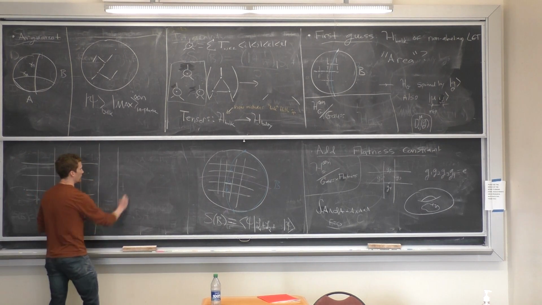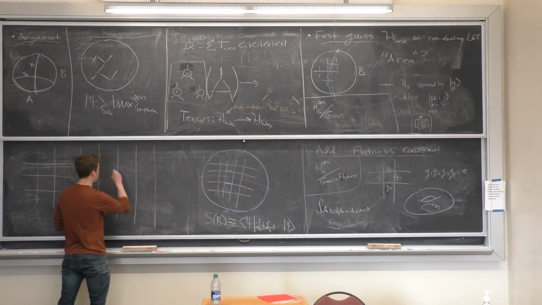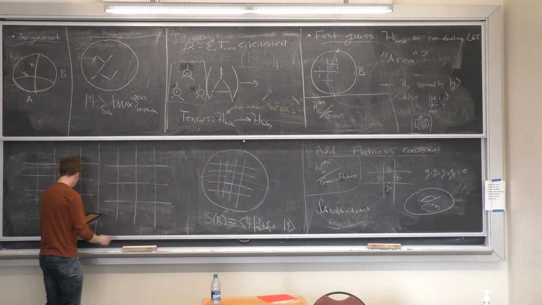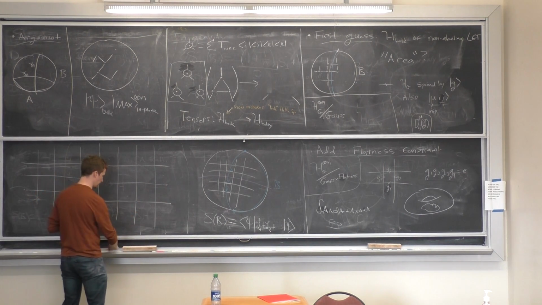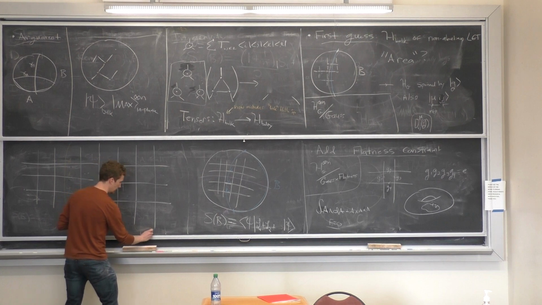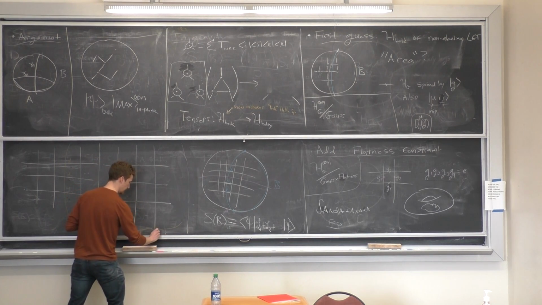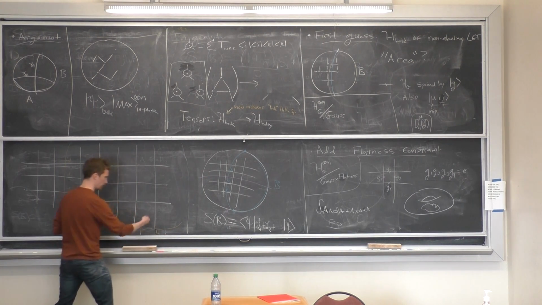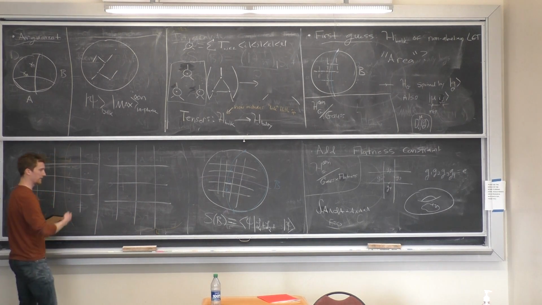So again, I'm drawing a lattice. And if I wanted to have this be my region, little b, I want to consider what's in the center of this algebra.